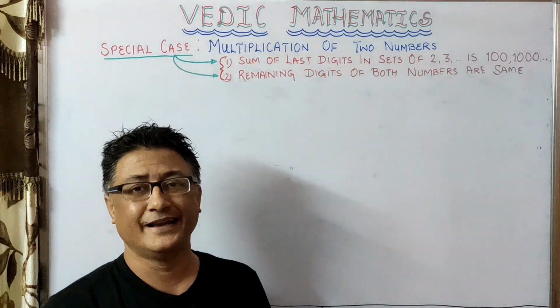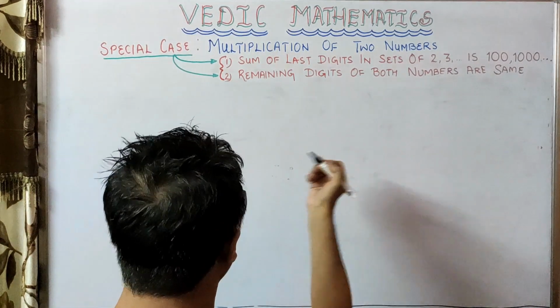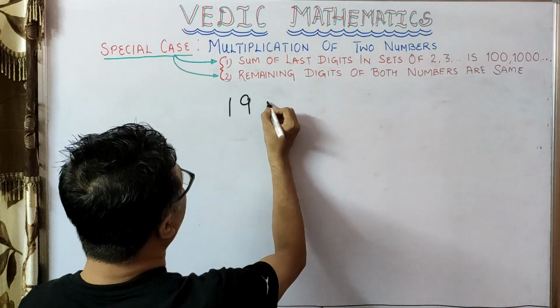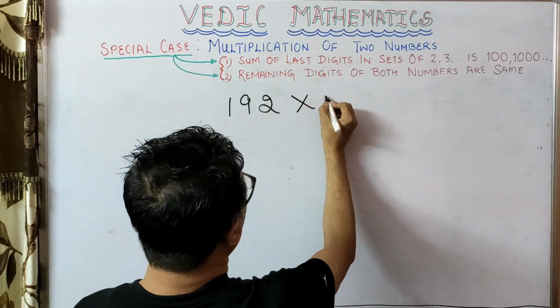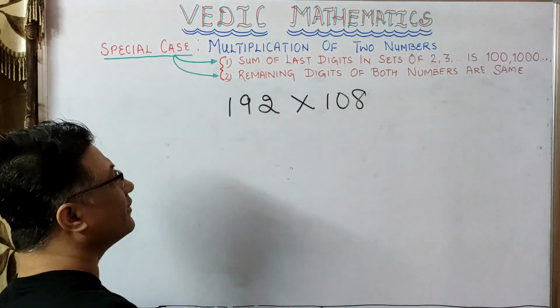So now we'll extend the same method and we'll use it for another special case. For example, suppose you have to multiply 192 with 108. So what is happening over here?